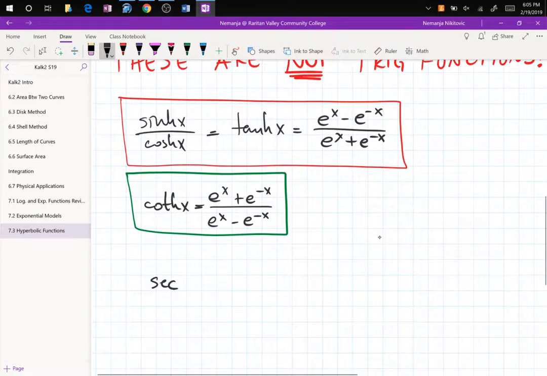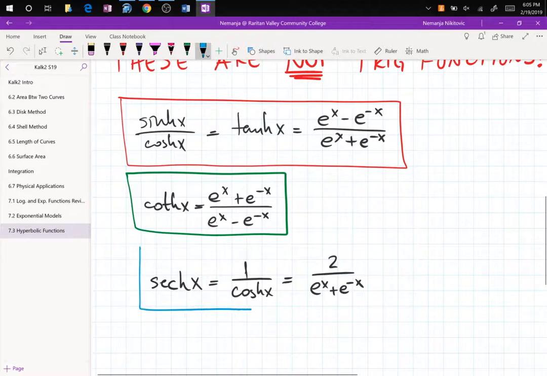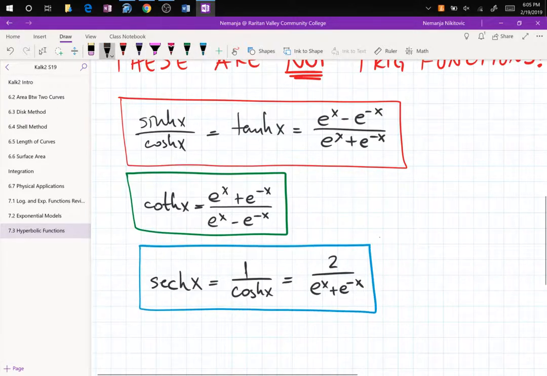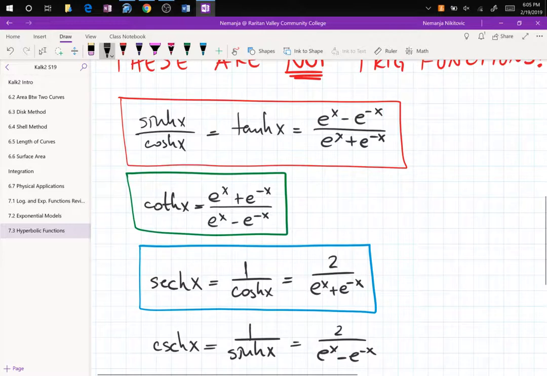Then we have secant hyperbolic x, which is 1 over cosine hyperbolic x. Let's go with blue on this one. And finally, cosecant hyperbolic x is 1 over sine hyperbolic x, which is 2 over e to the x minus e to the minus x.